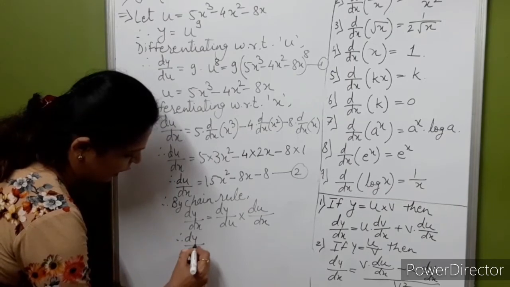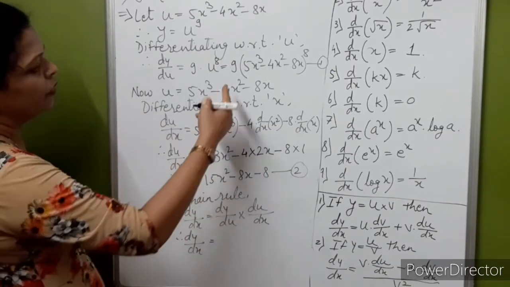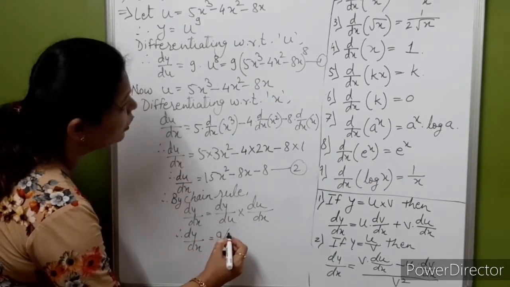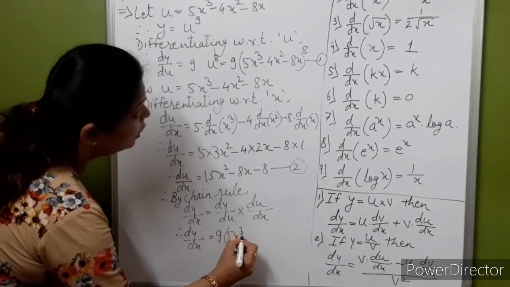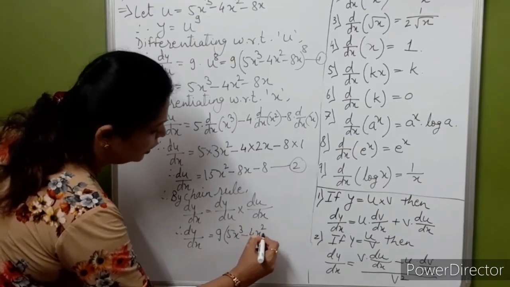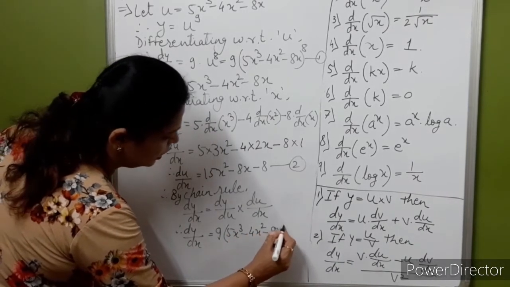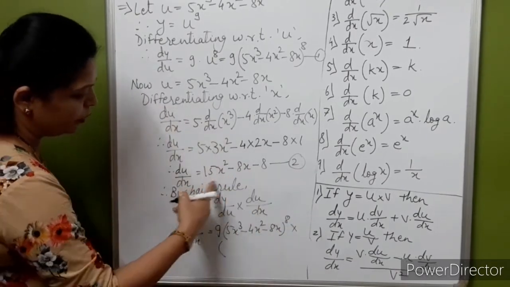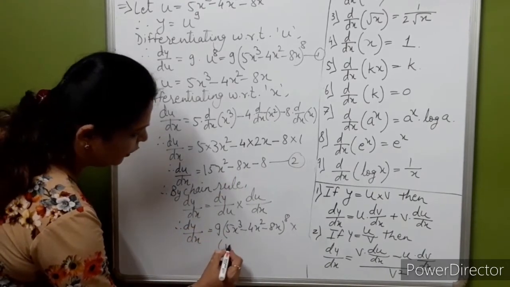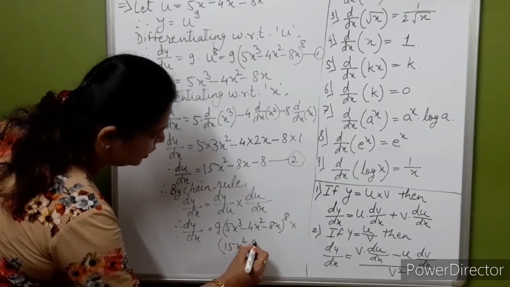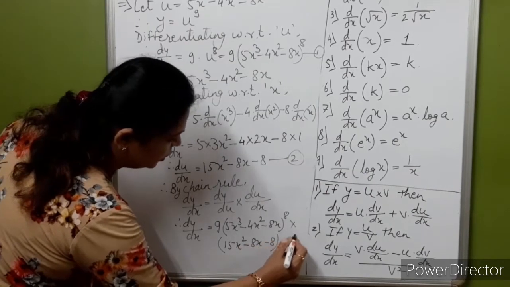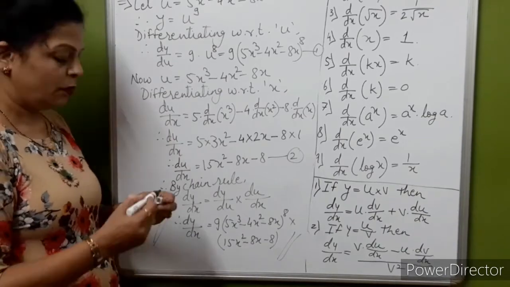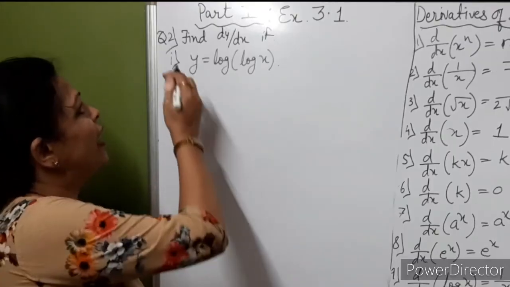Therefore dy by dx is equal to 9 into (5x cube minus 4x square minus 8x) raised to 8 into this term, correct? du by dx, 15x square minus 8x minus 8. So this is your answer. That completes question number 1. So now let's see the second question.